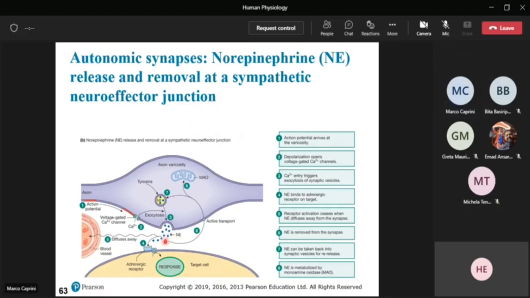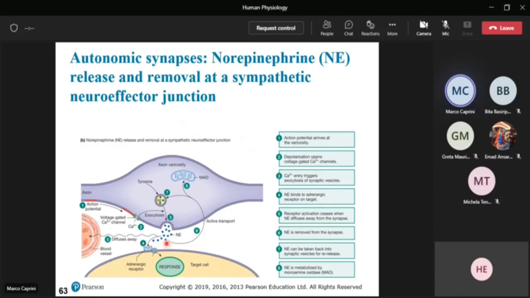The norepinephrine is removed by diffusion from the synaptic cleft, or it can also be transported, removed from the synapse by uptake into the synaptic vesicle for a new release, or it can also be metabolized by the monoamine oxidase, the enzyme that metabolizes the norepinephrine.